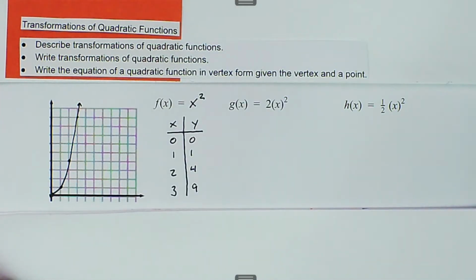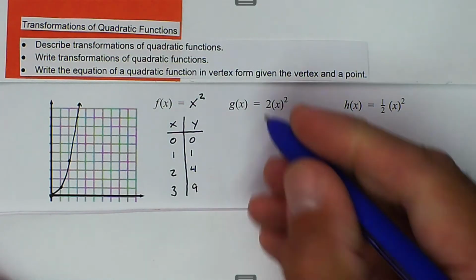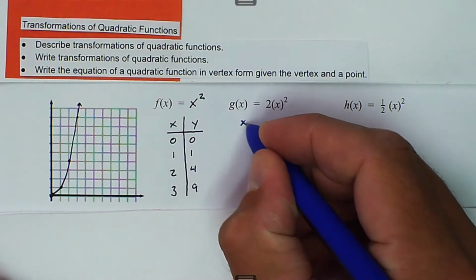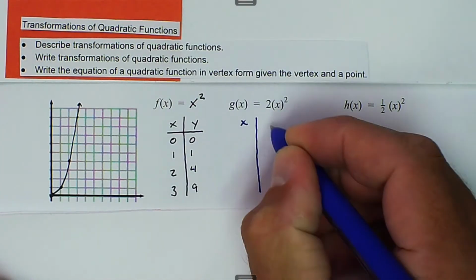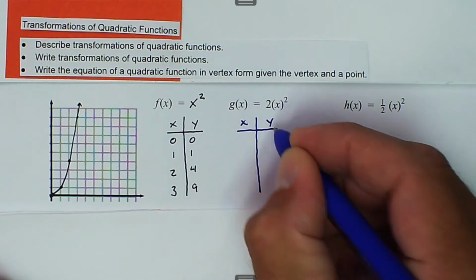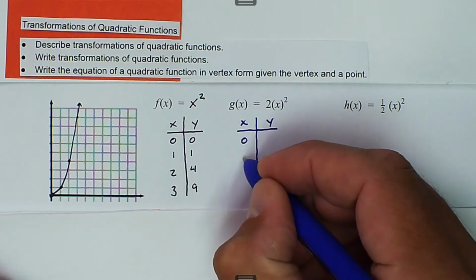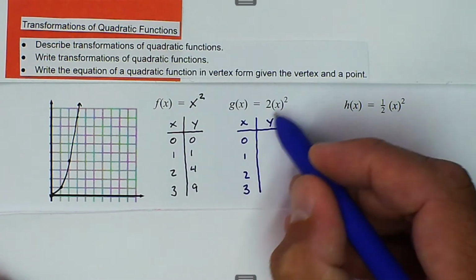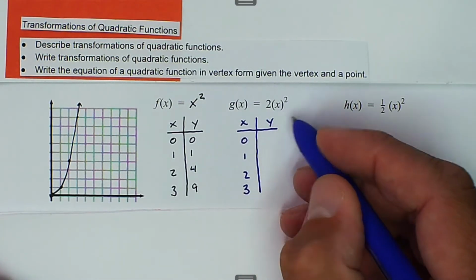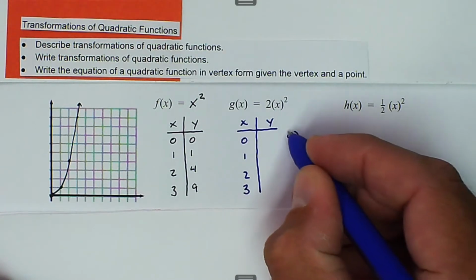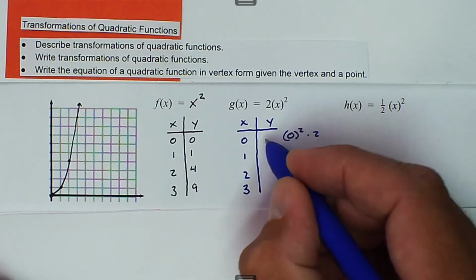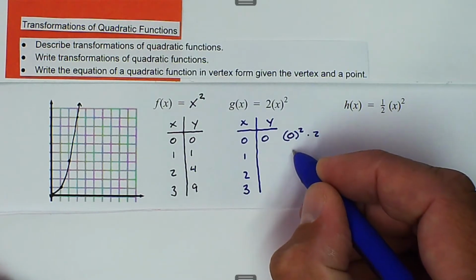Next one we have is g of x, and we'll make that one blue, and we'll do the same thing. So we have our parent function, and then we have our coordinates that we'll substitute in. So we'll pick the same points, 0, 1, 2, and 3. So 0 squared, and then times 2. 0 squared is 0 times 2, that's still 0.